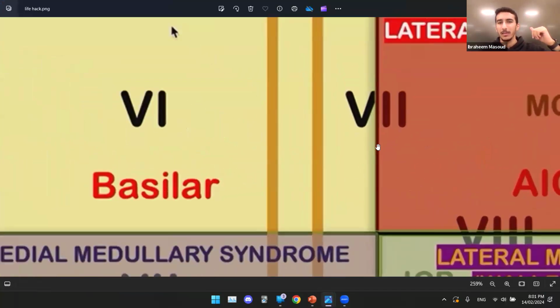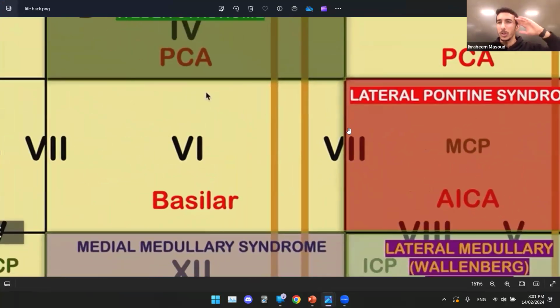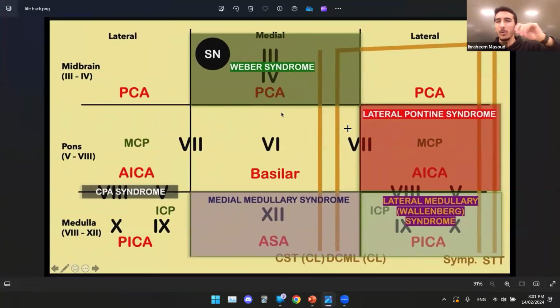Even the facial, for example, is between medial and lateral, but when we use the rule of fours, we divide them and then we do the fine tuning after practice. But as beginners, I'm sure you're all pros, mashallah. You answered almost every question correctly. So you're all pros. You need to know how to draw this.